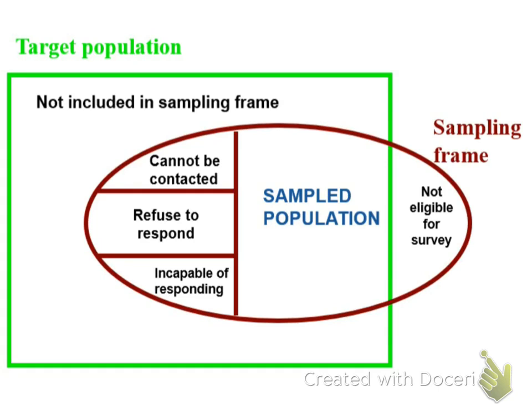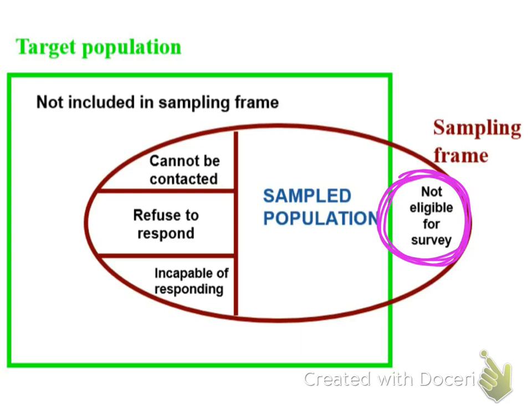So, for example, if I think about people who are just visitors, parents that might come into the school, they are not part of my target population, but they might be on my database of all contact details for every student, which includes the list of all family members, mum and dad or caregivers. So they would be part of my sampling frame, but I would say they are not eligible for my survey.